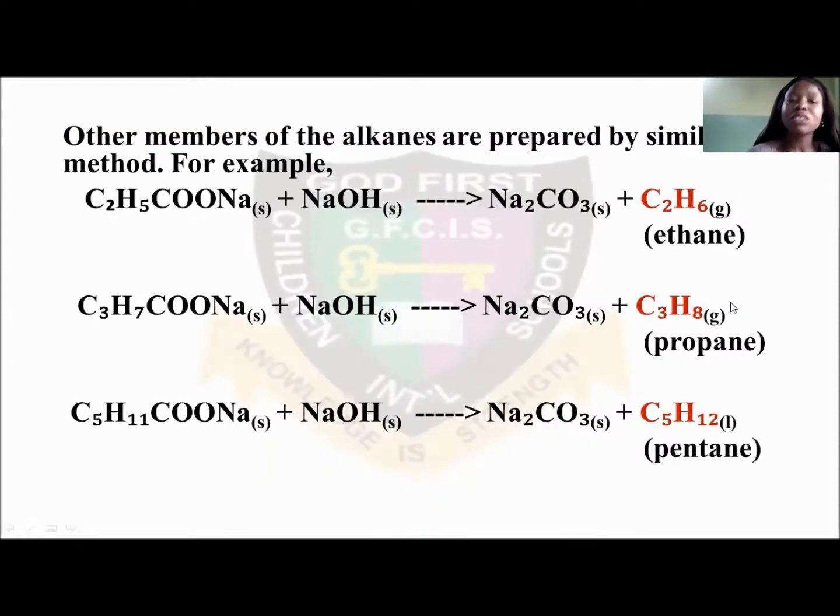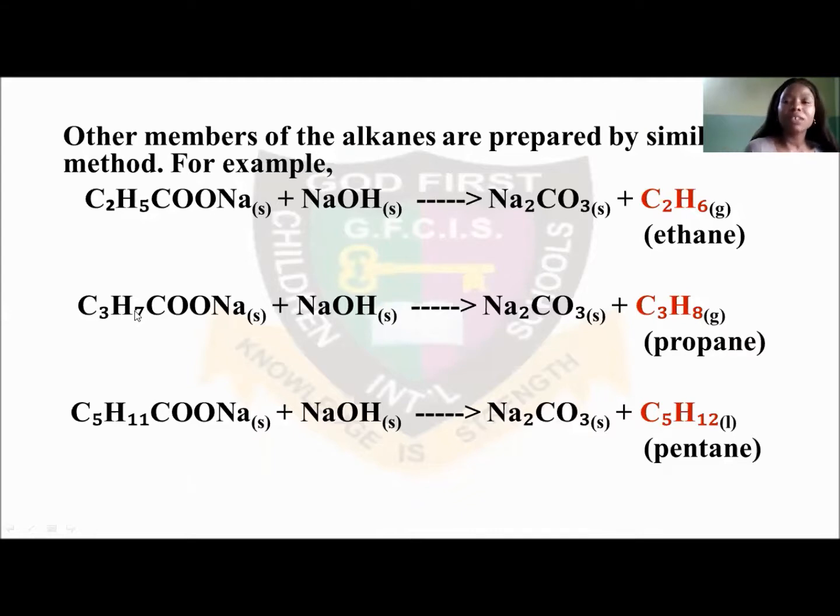Coming back to the other members, for example, if you want to get ethane, you have C2H5, so the hydrogen from the sodium hydroxide gets attached to it and you have ethane. The same thing for propane, C3H7, because the molecular formula of propane is C3H8, so you use C3H7COONa.